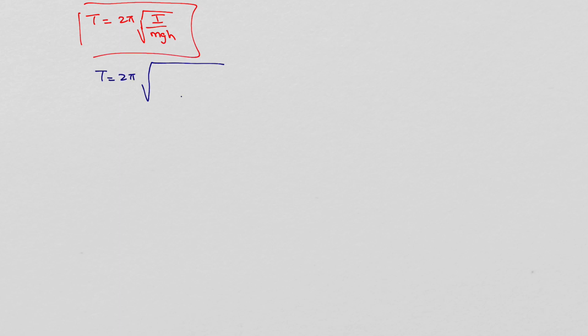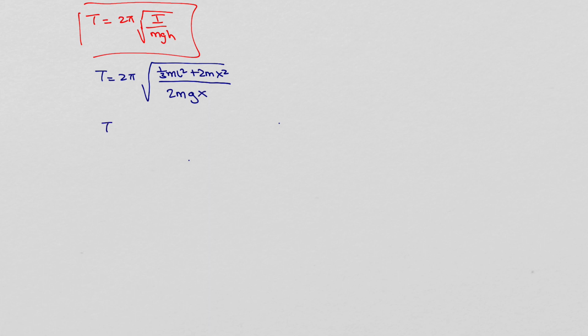We know our periodic time is 2 pi times the square root of I over mgh for our compound pendulum. Therefore if I sub in my moment of inertia that we just found, a third ml squared plus 2mx squared, divided by the mass of the system, which we know is 2m, times g, and times h, which we said is x.